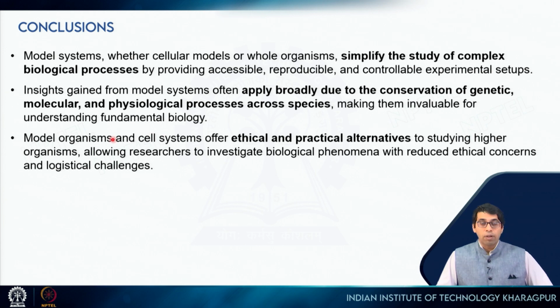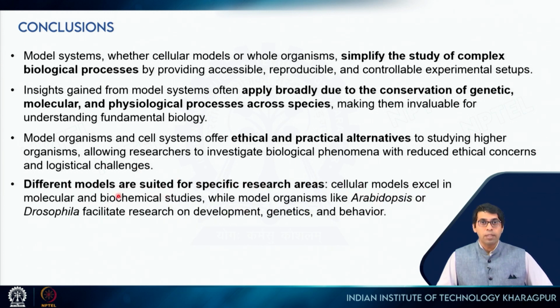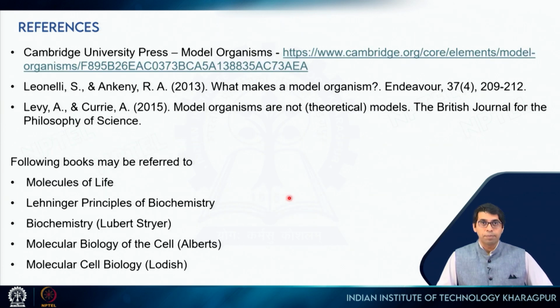Now these model organisms or systems offer ethical and practical alternatives to studying higher organisms. There are many ethical issues which come with actual organisms like mice or Drosophila. However, if we are using isolated cellular systems, then we can circumvent some of these ethical issues. Different models are suited for specific research, as we have seen in the previous slides.